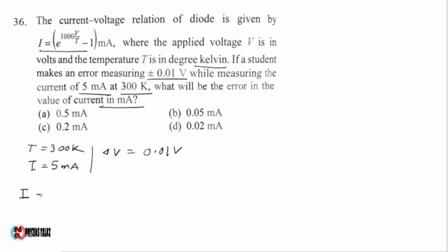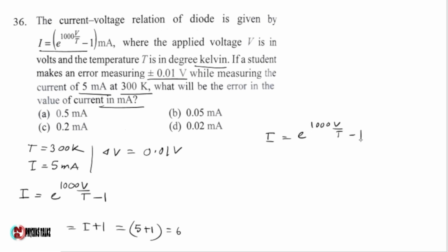Now I equals e to the power 1000 V by T minus 1, or e to the power 1000 V by T equals I plus 1 equals 5 plus 1 equals 6 milliampere. Now I is given as e to the power 1000 V by T minus 1.